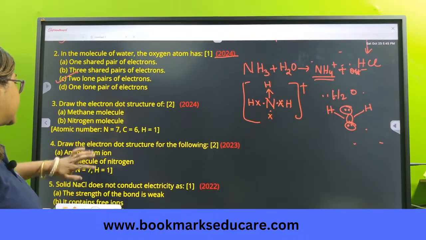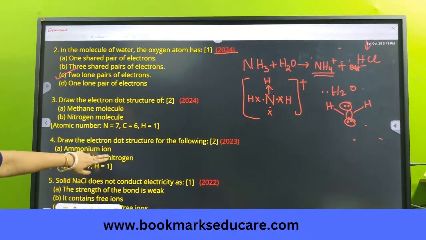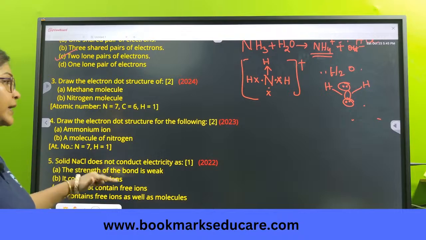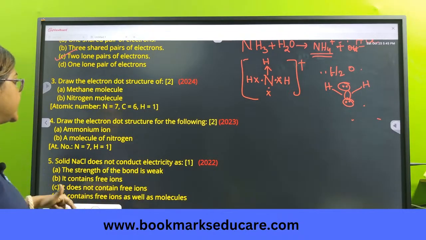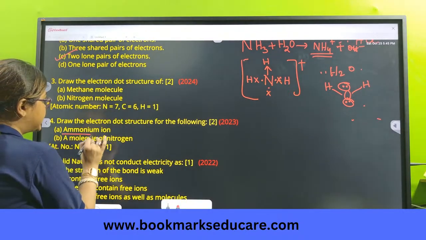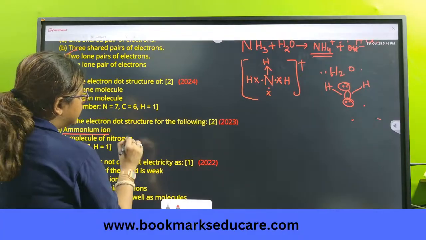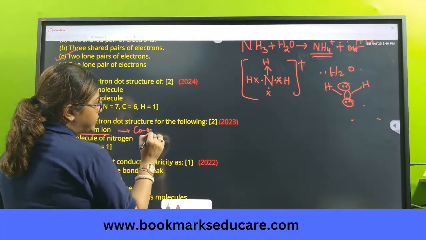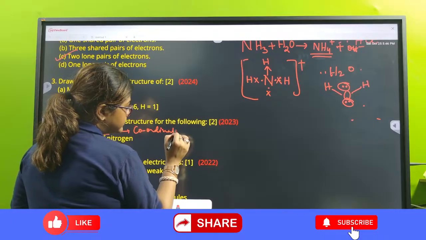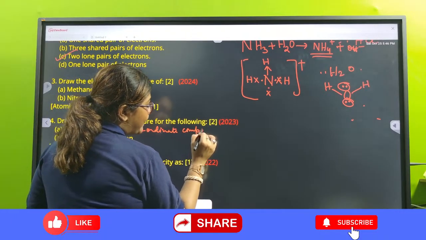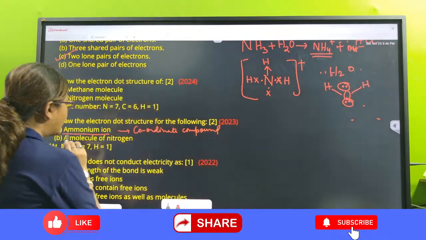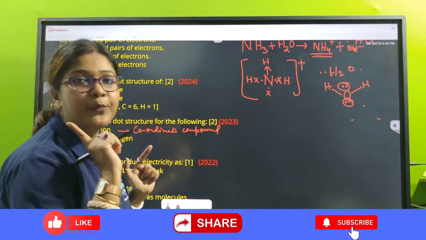Next, similarly, draw the electron dot structure for the following: ammonium ion and the molecule of nitrogen. Remember, I have just now shown the ammonium ion. This forms a coordinate compound. Mind it, this is ammonium ion and not ammonia.